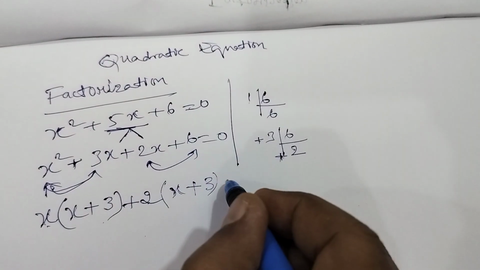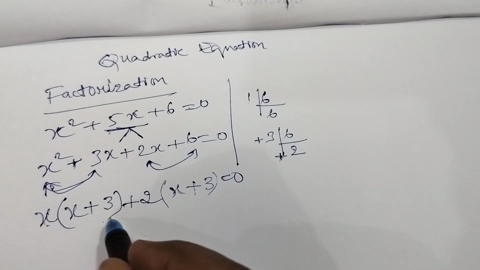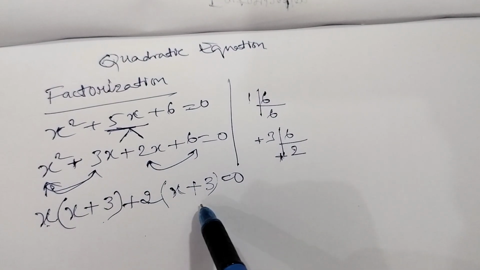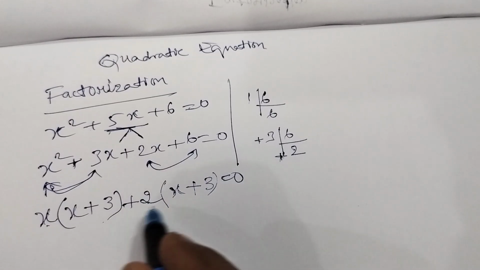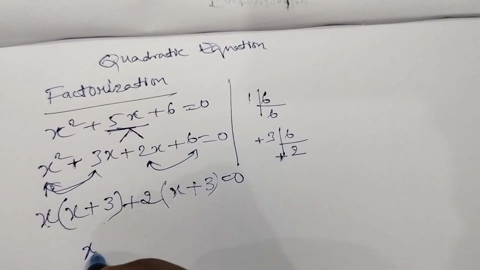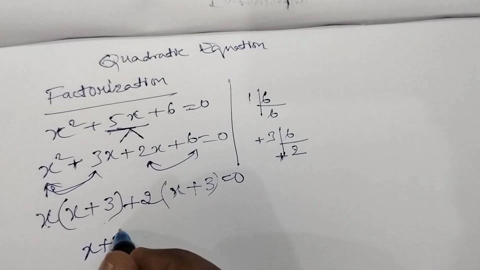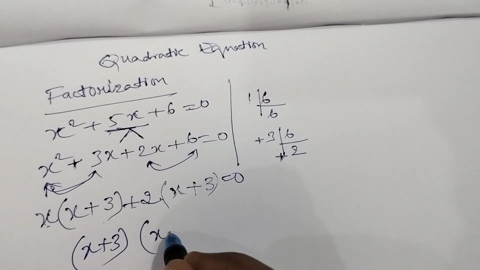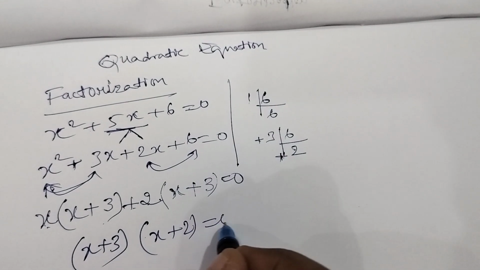Whatever term repeats here, x plus 3, the same thing will repeat here. Now among these you have to choose one: one factor is x plus 3, and another factor is x plus 2, which is equal to 0.